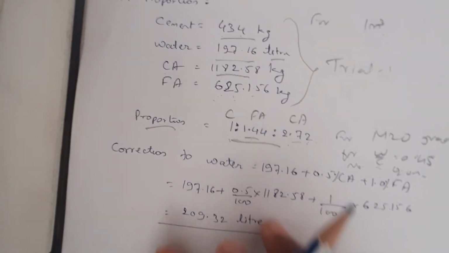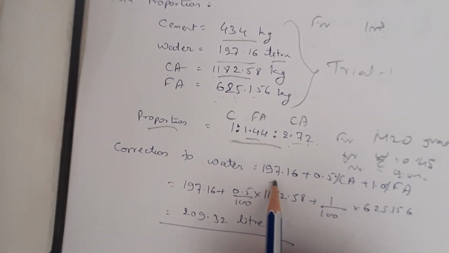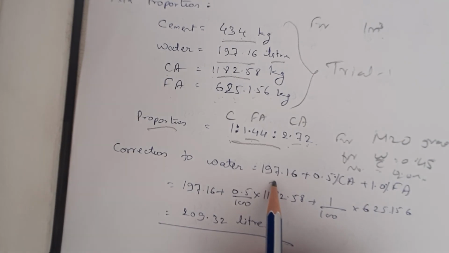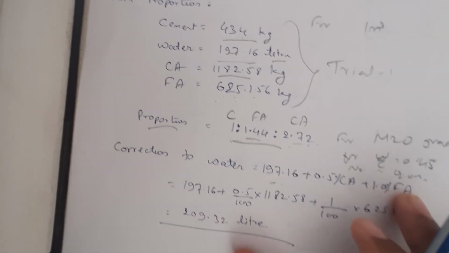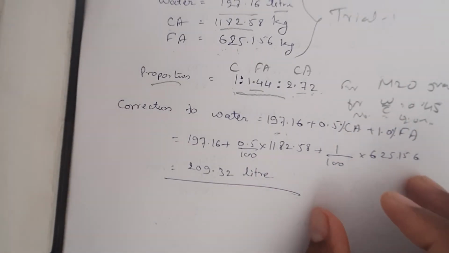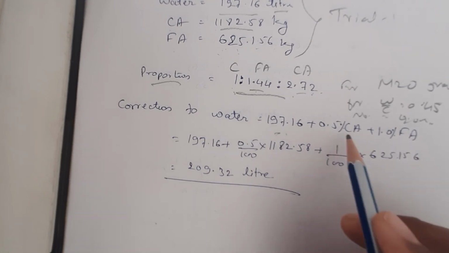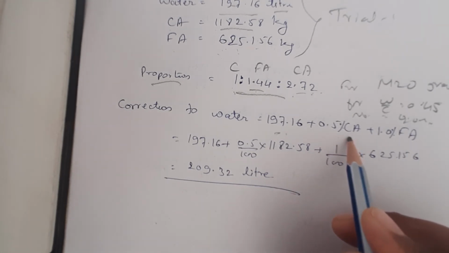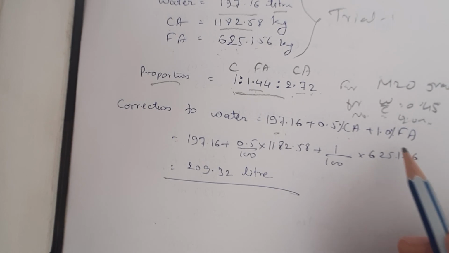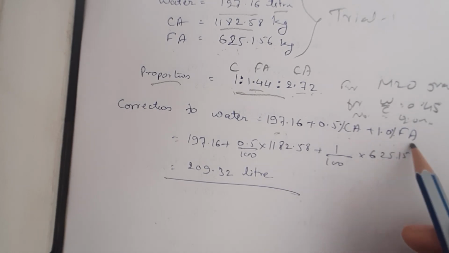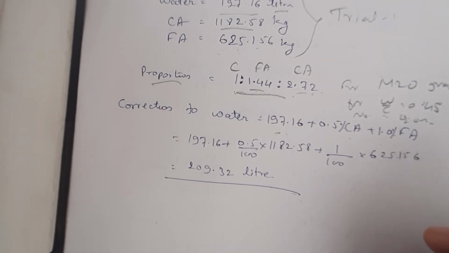So how to add? We have calculated 197.16. For the coarse aggregate, it requires 0.5% of the coarse aggregate value as water absorption, and 1% of the fine aggregate value for the water absorption.